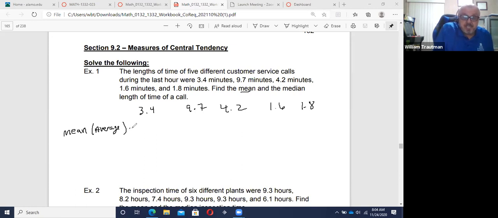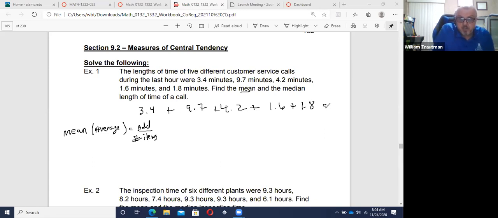And when you find the average, you add all the numbers up and then you divide by the number of items you added. So let's add all these up. And then I'm going to show you how to do this on your calculator. So let's add these all up. 3.4 plus 9.7 plus 4.2 plus 1.6 plus 1.8.